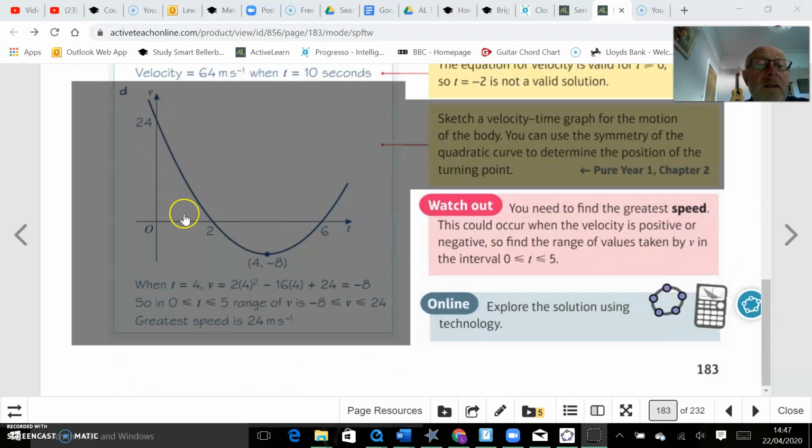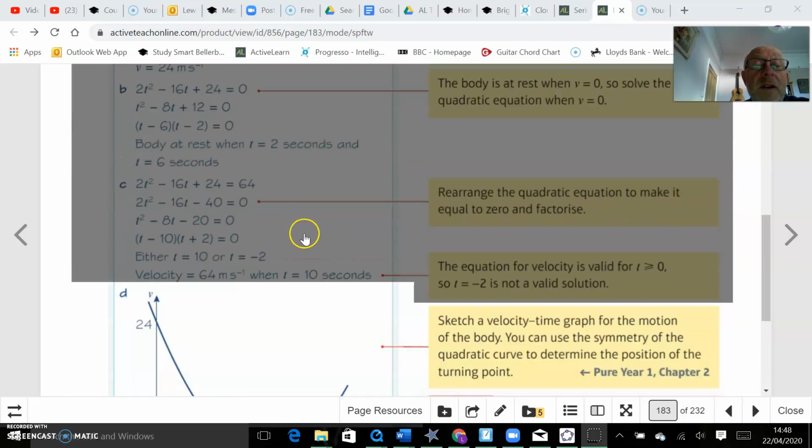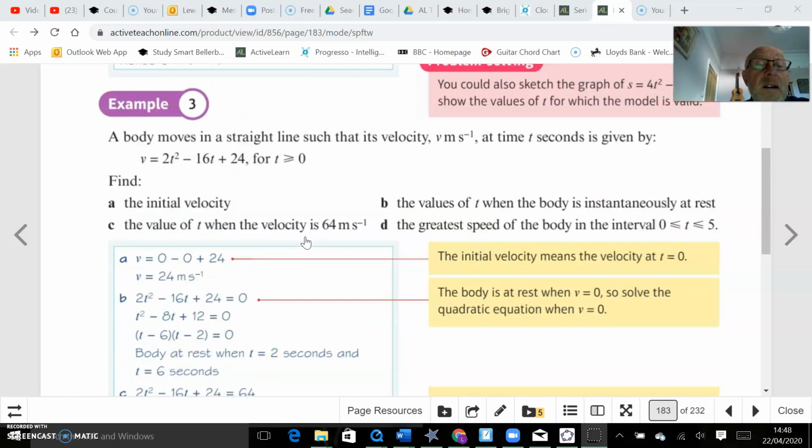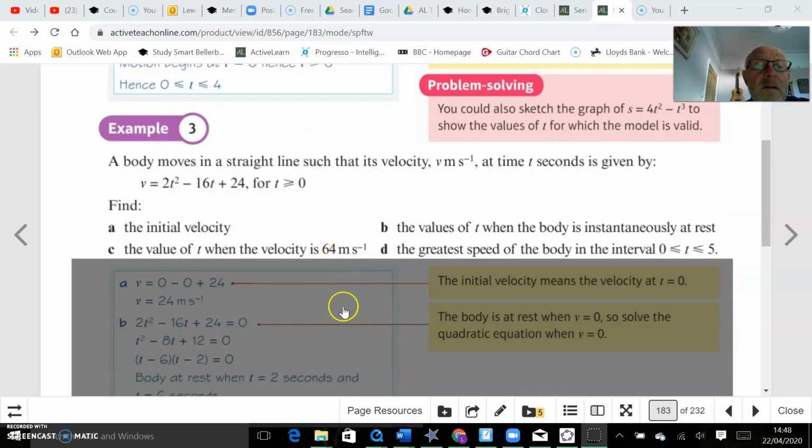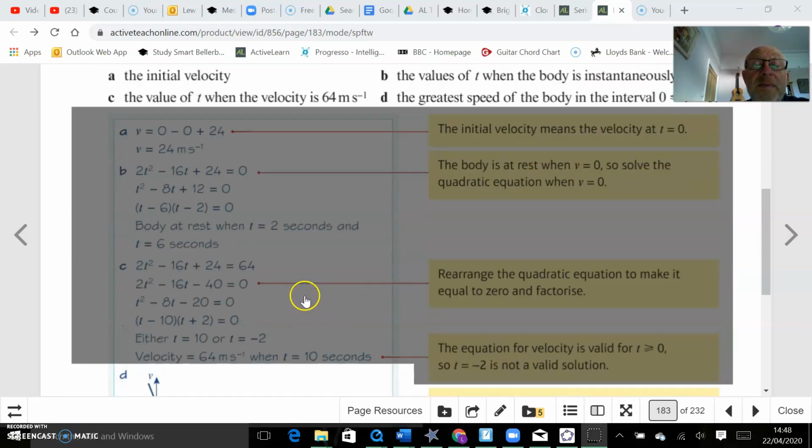And so we have the quadratic shape, 24 on the v-axis, 2 and 6 on the t-axis, and we therefore must have a minimum point down here. By symmetry, it's when t is 4. But we can find that out by completing the square, or of course by differentiation.